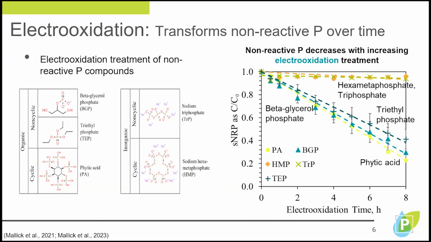That was our goal. They're transforming into different phosphorus compounds. But the other thing you notice on that graph is that only three of the compounds actually had a pretty substantial decline over time. That was the subset of organic compounds, versus the hexametaphosphate and triphosphate at the top, the inorganics. They transformed, but not by very much, even after pretty long extended treatment times.